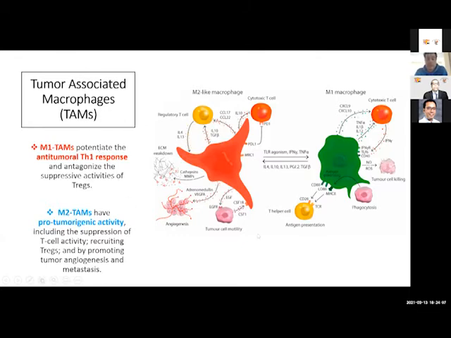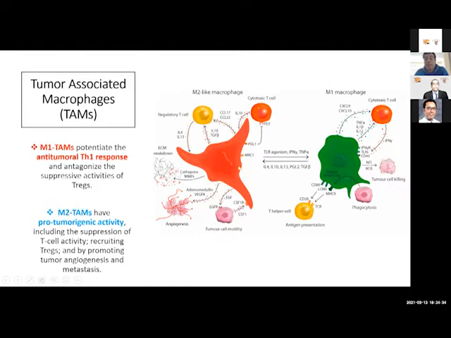This is one of the cells present in the tumor microenvironment. Actually, it has two phenotypes, M1 and M2. M1 has anti-tumoral effect or response and can phagocytose the cancer cells and degrade them. However, M2 TAMs have the opposite, pro-tumorigenic activity, and the cancer cells can induce polarization of TAMs from M1 to M2.